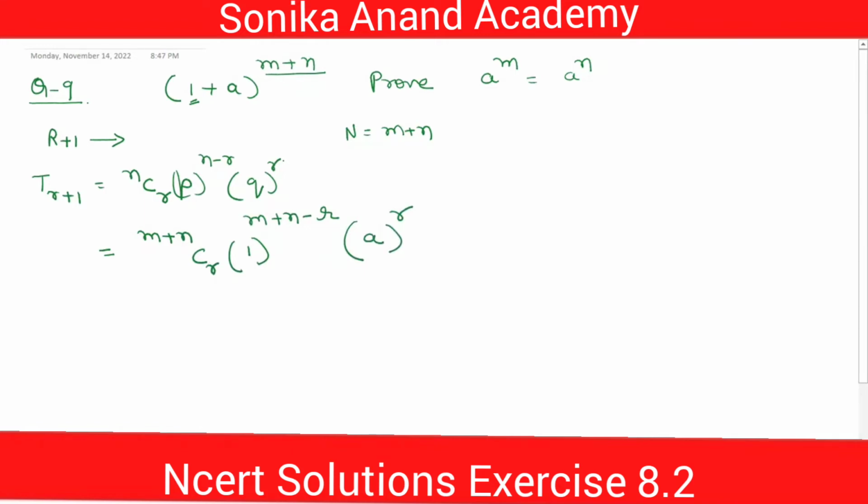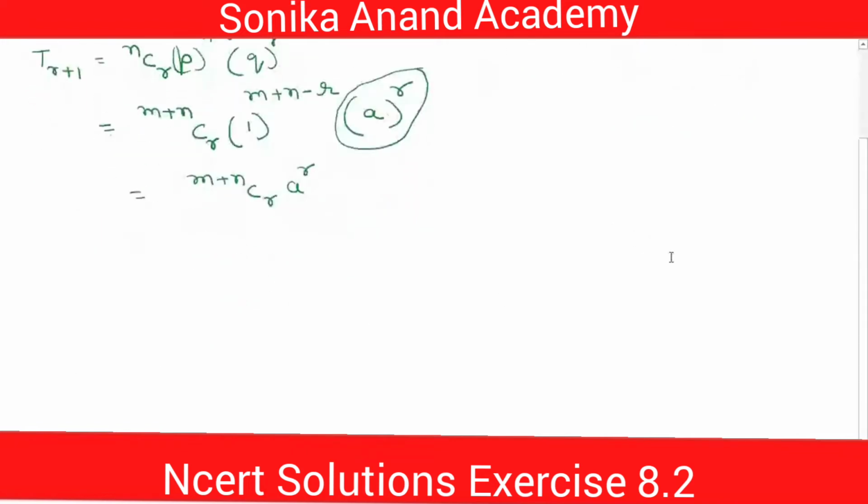Understood? Yes, ma'am. Now we have to prove this, coefficient of a^m equals coefficient of a^n. So that means we get the coefficient of a over here. That means if we have 1 to the power anything, it becomes 1 always. So this is converted into m+nCr a^r. Now consider two cases.